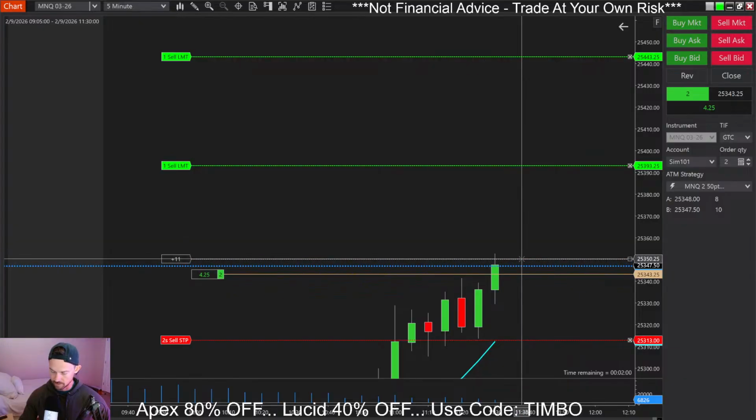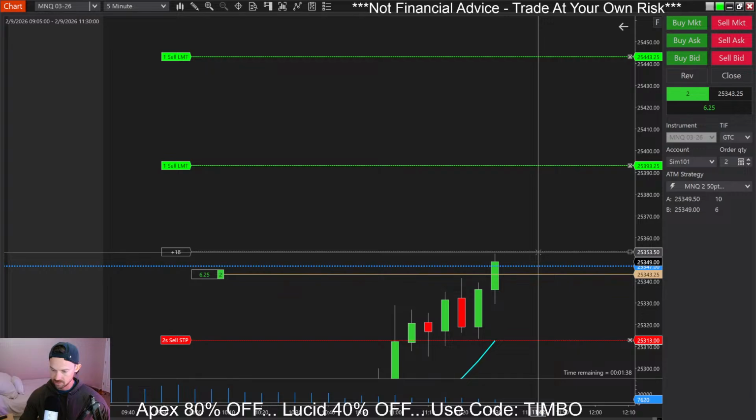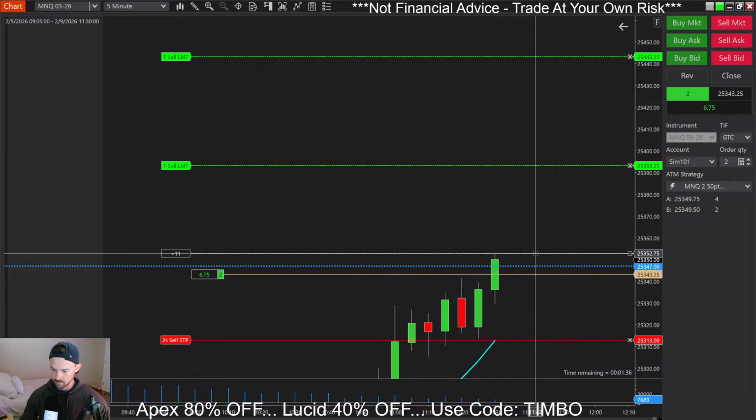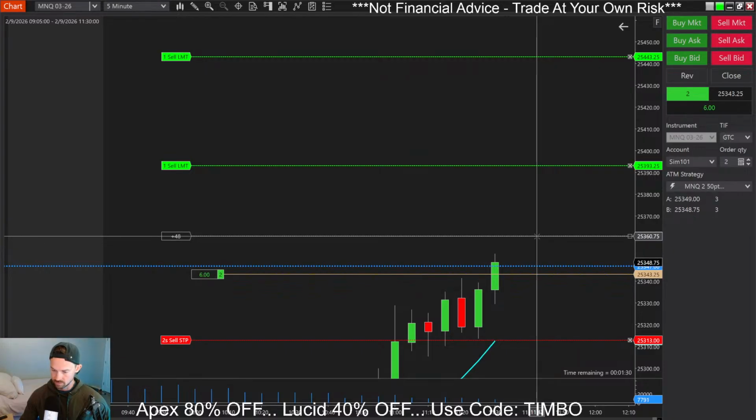Let's see if we can get through that 350 area. And this is also, like I said, the third kind of pause, pullback. So a little bit less reliable. Let's see, can we get on up into the 60s, through the 50s?